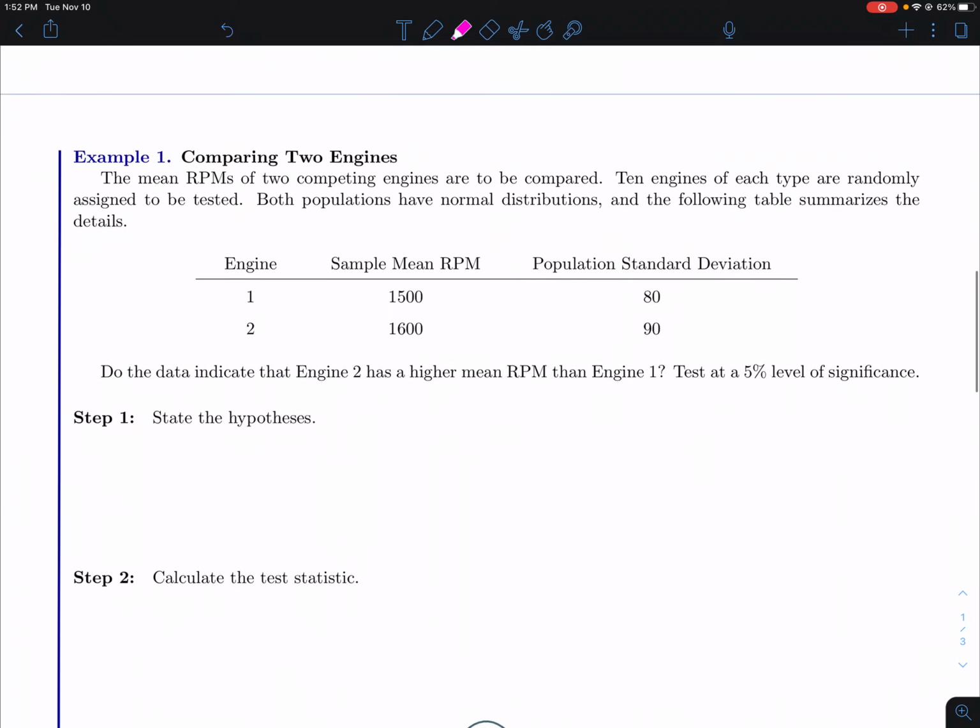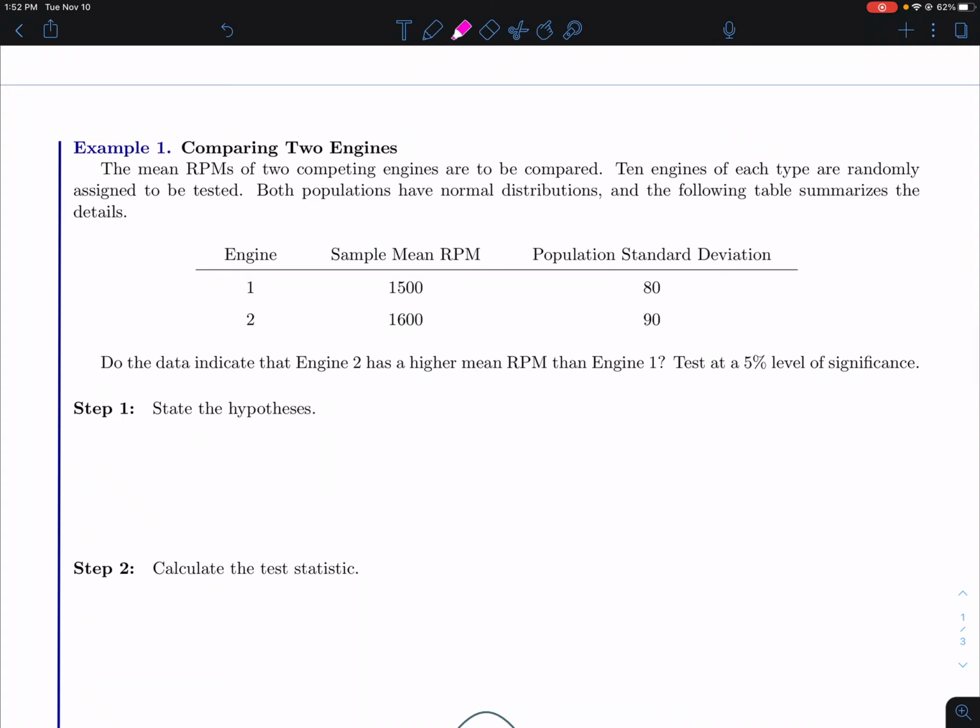All right, so the mean RPMs of two competing engines are to be compared. 10 engines of each type are randomly assigned to be tested. Both populations have normal distributions, and the following table summarizes the details. Engine 1 had a sample mean of 1,500 revolutions per minute with a population standard deviation of 80.